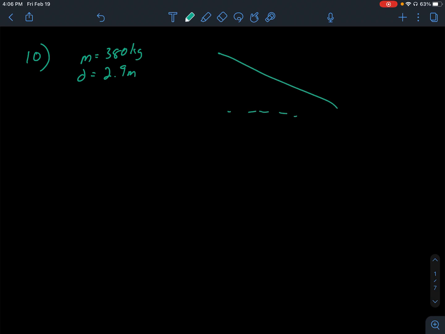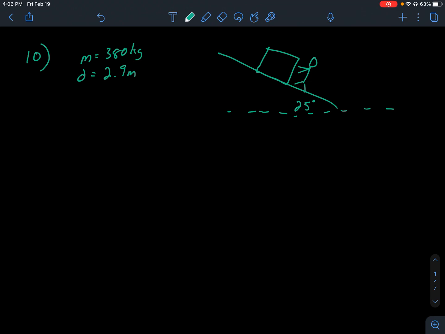So basic picture, kind of like what we have in the book. Here's our piano, here's our guy, and it's going down this 25-degree incline at a constant velocity because it's kept from accelerating.